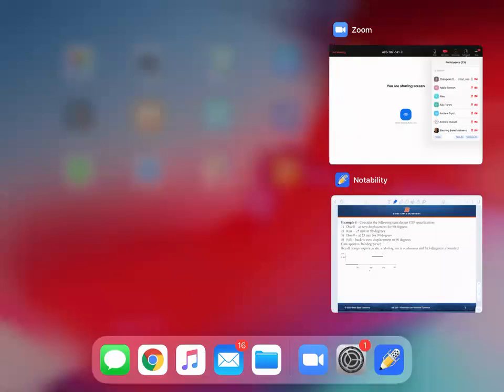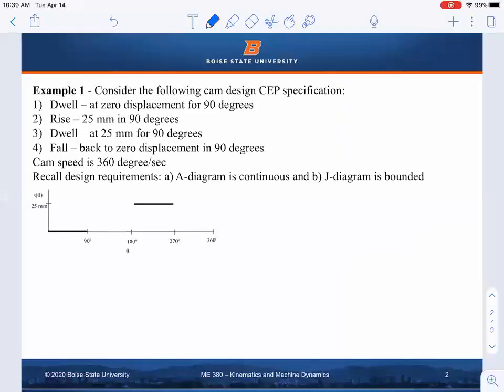All right. So that means we need to design 4 different segments. In this case, everything is given in degrees, so we already know the inputs in the theta domain. We don't even care about the time domain. That's good news.